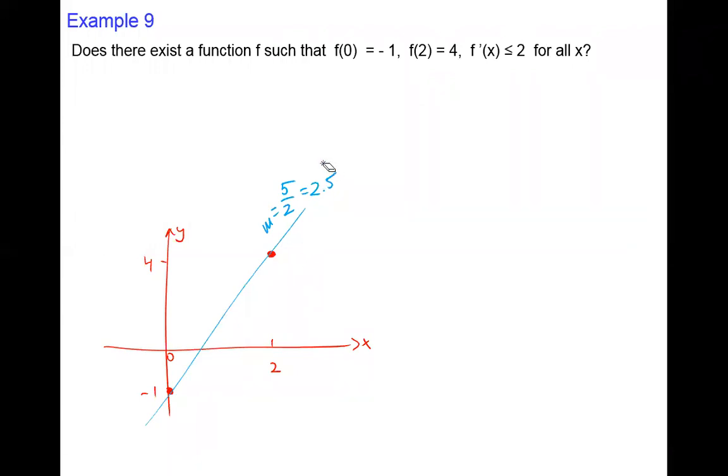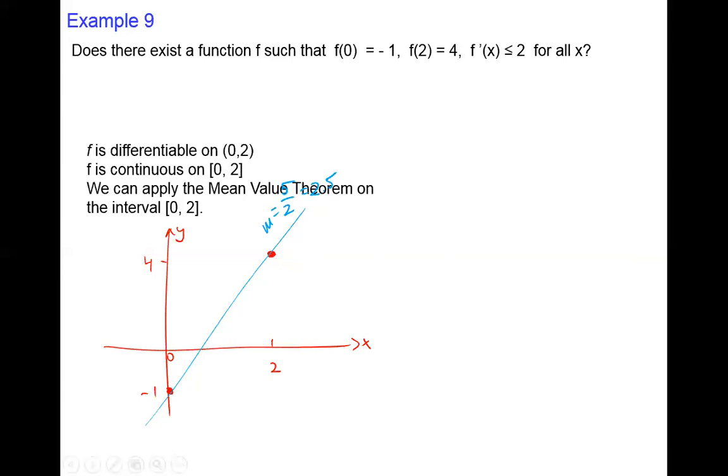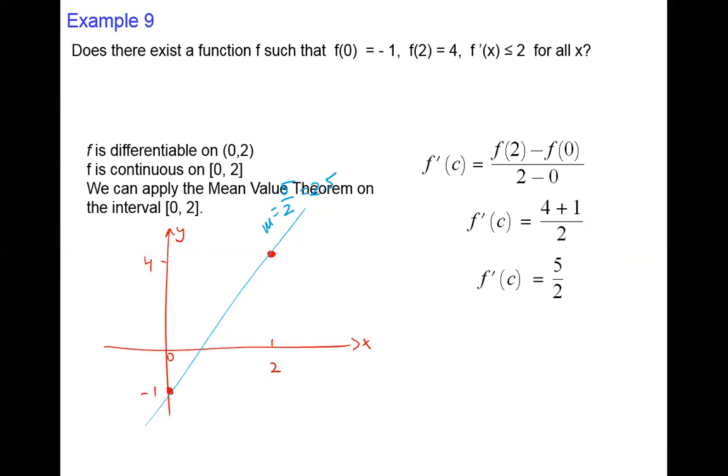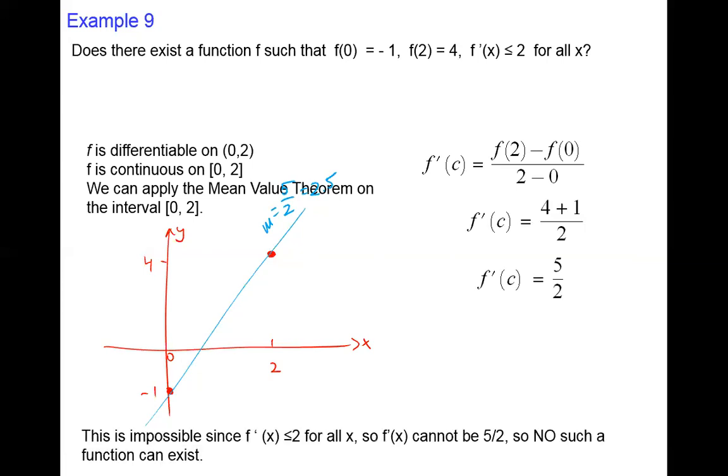It's not, of course, because we got the slope just from this. We got a bigger slope. That is impossible since the derivative is at most 2. The derivative cannot be 5/2, so no such function can exist, right? The derivative for all of the x cannot be less than 2.